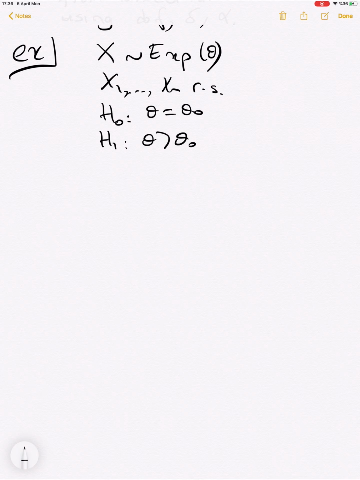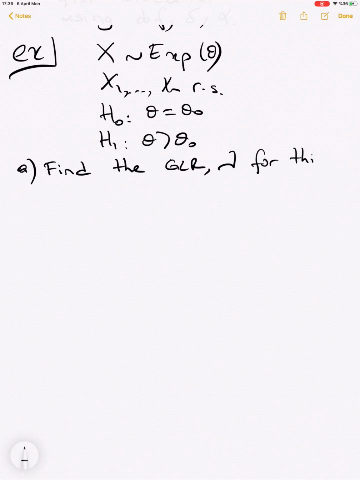And part A: find the generalized likelihood ratio lambda for this test in terms of x bar over theta 0 and also the sample size n.